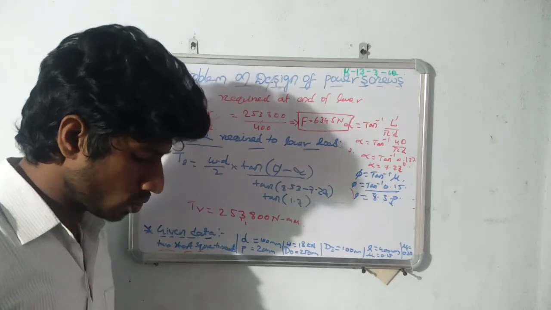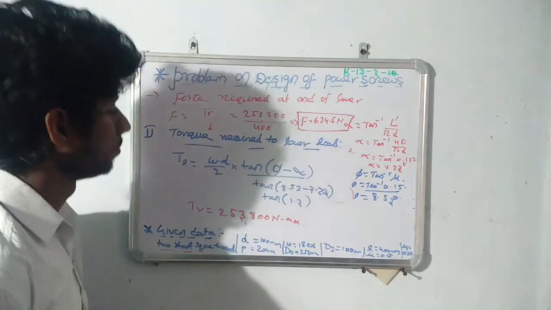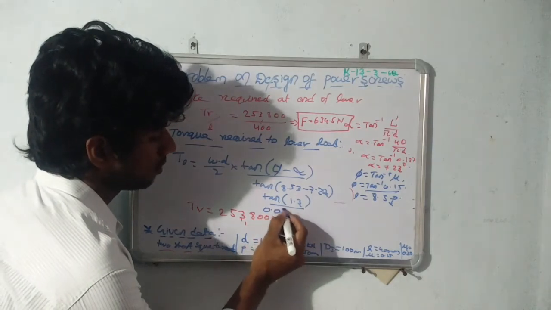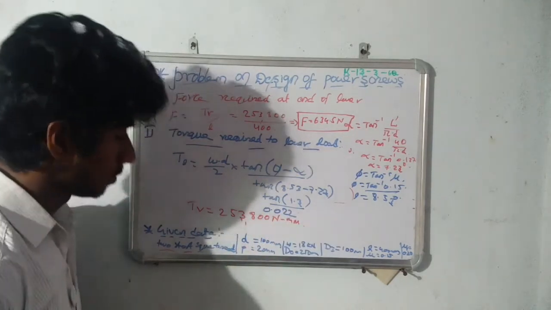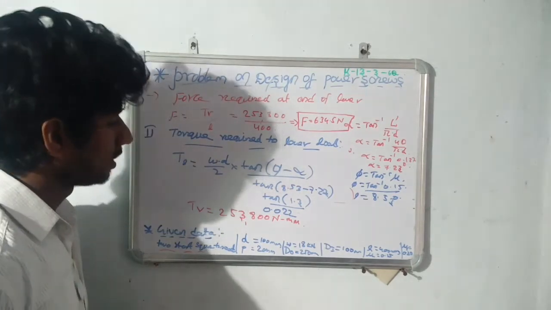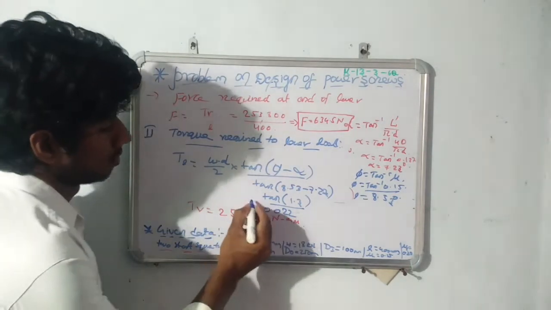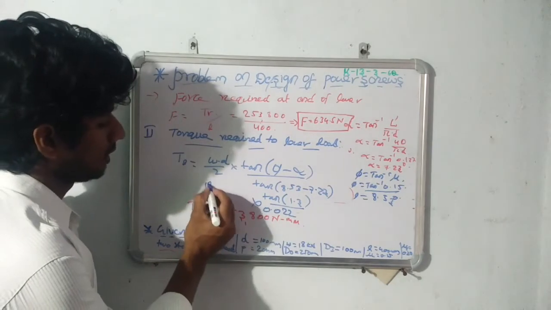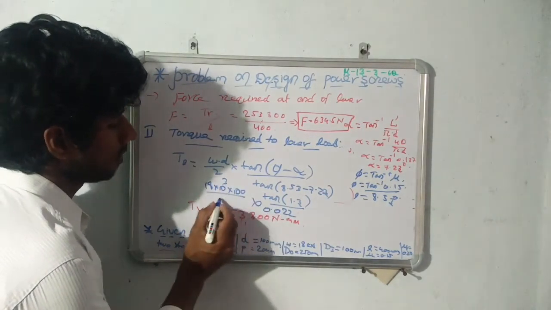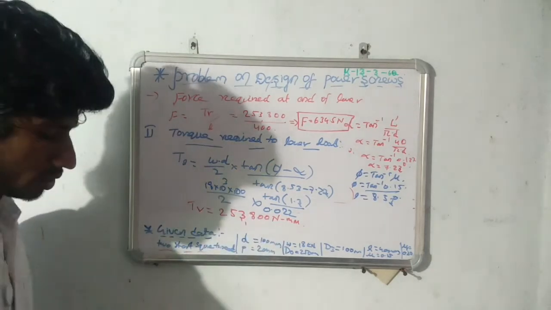That is 0.022. Simplify this: W into 18 into 10 to the power of 3 into 100, all divided by 2.